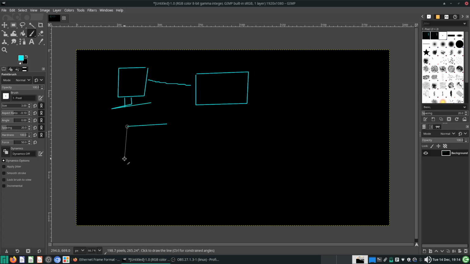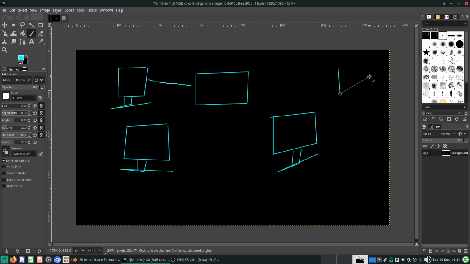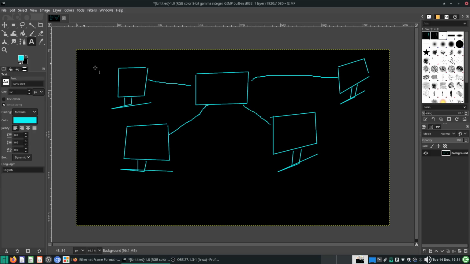There's one computer here, 2, 3, and 4. I'm just slanting it a little bit to make it a little less boring. So all of this will be connected to a switch.